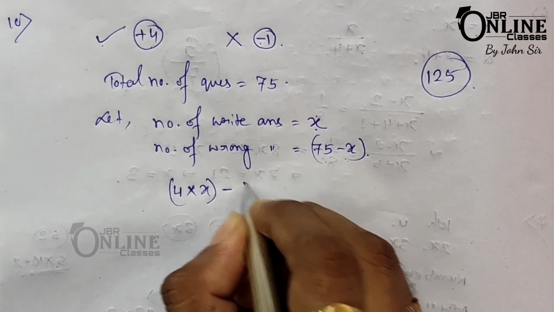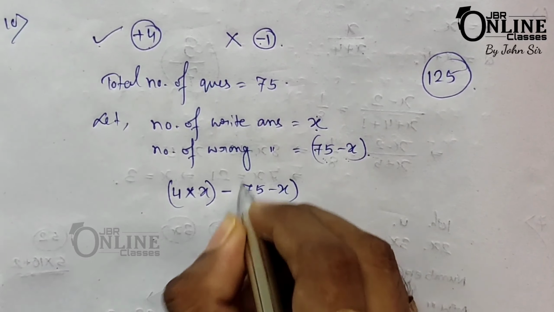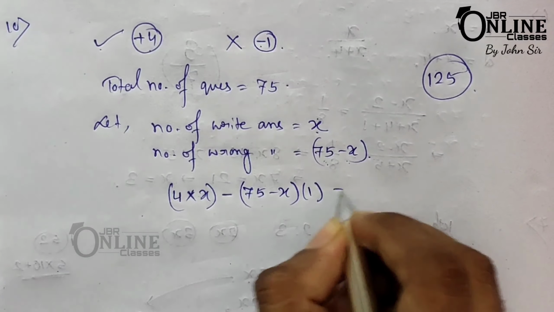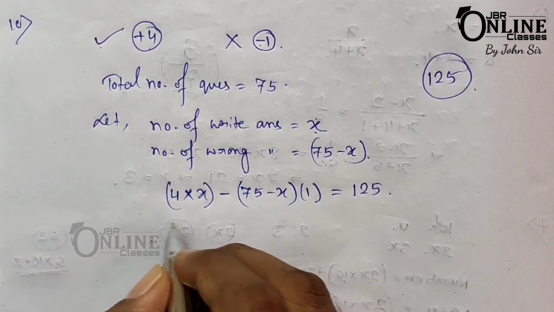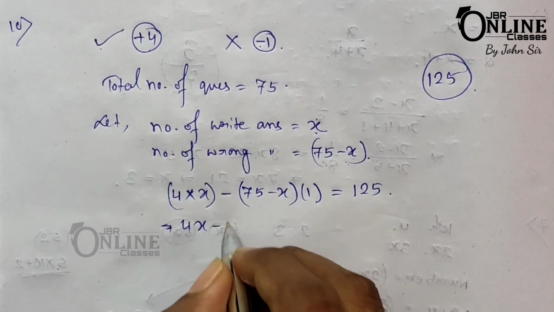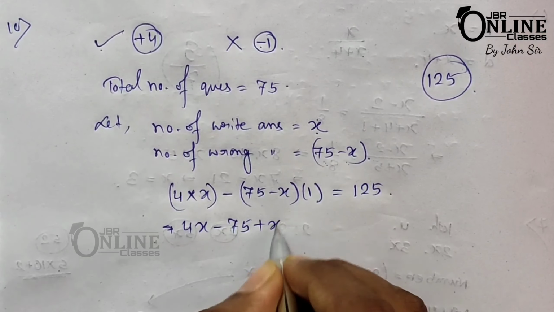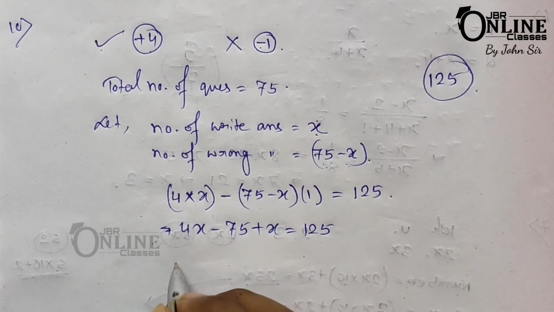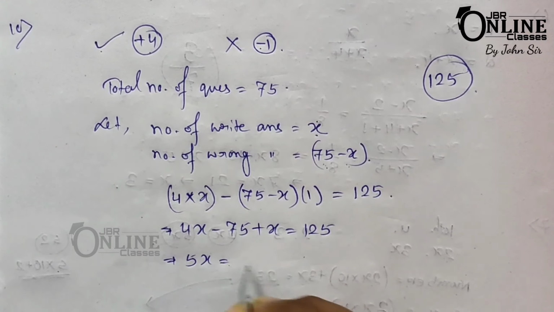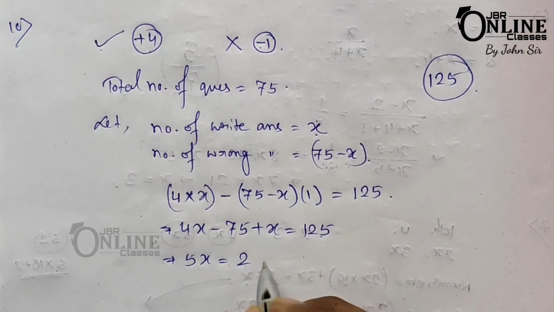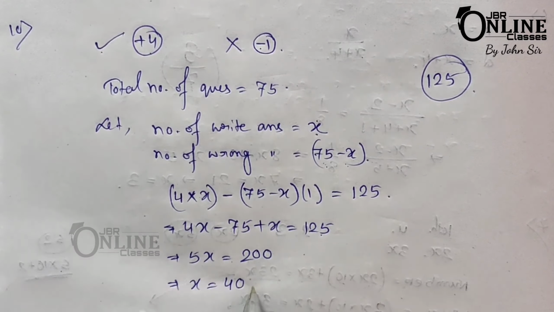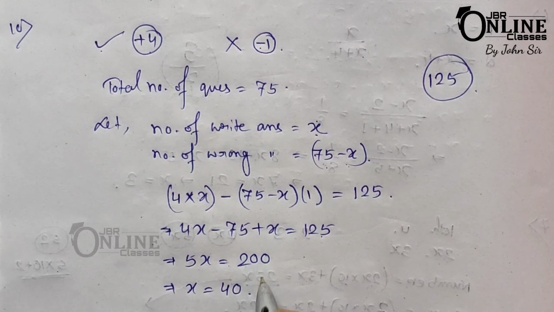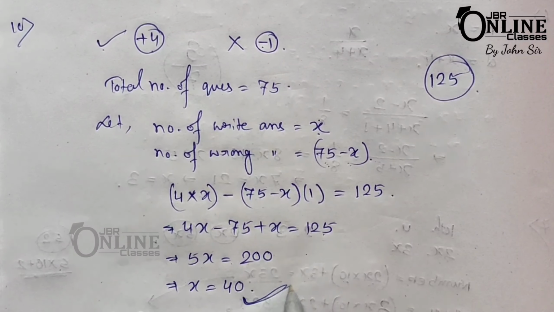That means 75 minus x into 1, and that equals 125. So 4x minus 75 plus x equals 125. So 5x equals 125 plus 75, that equals 200. So x equals 40. That means the number of questions he attempted correctly equals 40.